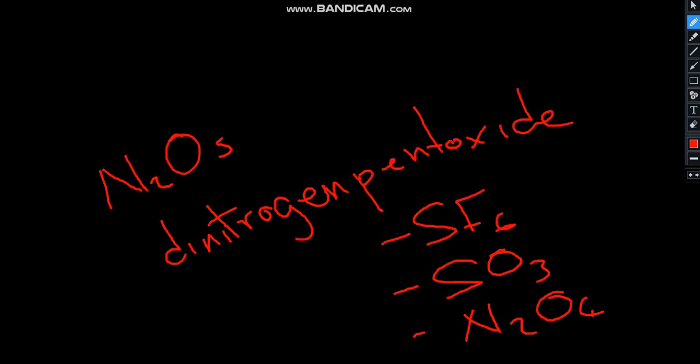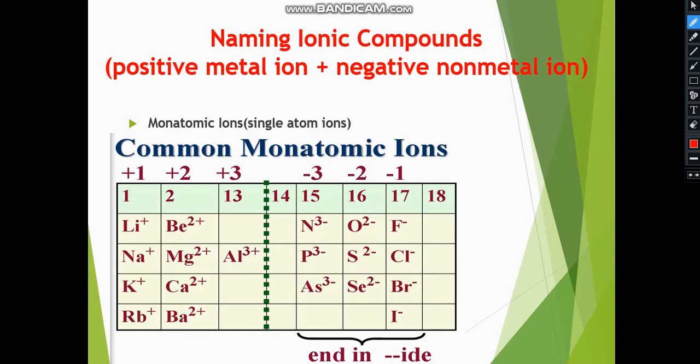So let's look at the second type of compounds, that is ionic compounds, and see how we name them. Now, how do you know that this is an ionic compound?